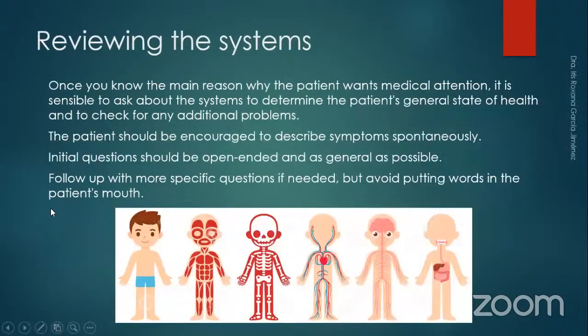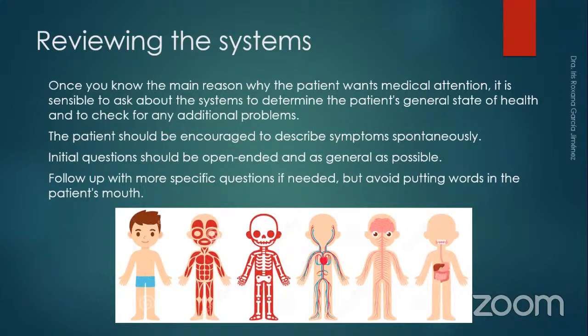Reviewing the systems. Well, we are talking about systems, all of module 1. Just for taking an idea again, we have some specific questions. Once you know the main reason why the patient wants medical attention, it's sensible to ask about the systems to determine the patient's general state of health and to check for any additional problems.